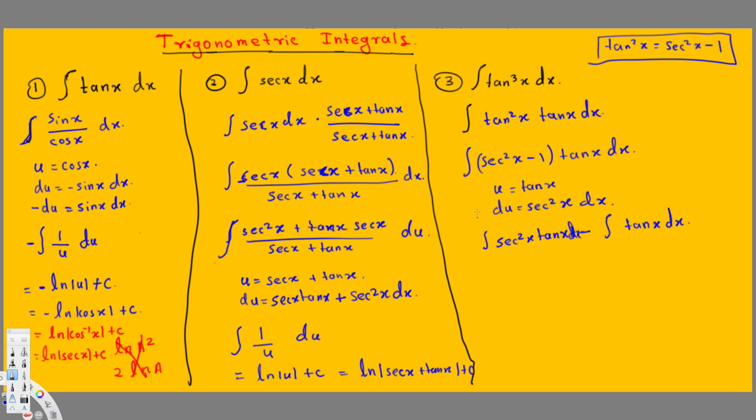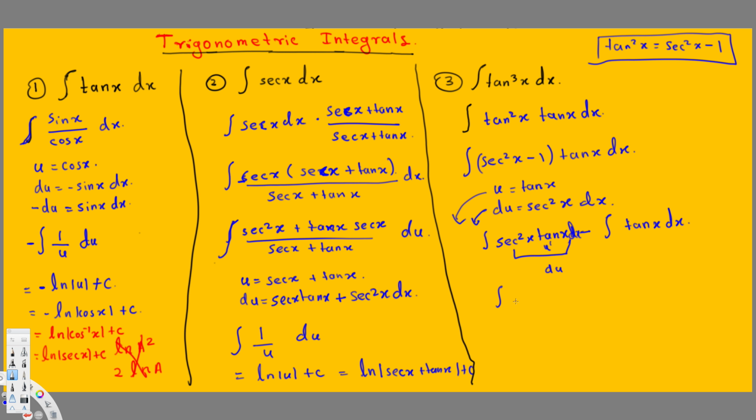And now if I apply this, I can directly find that, right? So here we have sec square x tan x. We know sec square x dx can be written as du, and tan x is u.